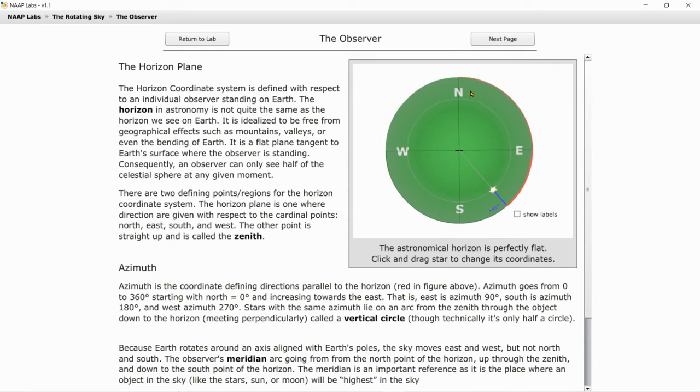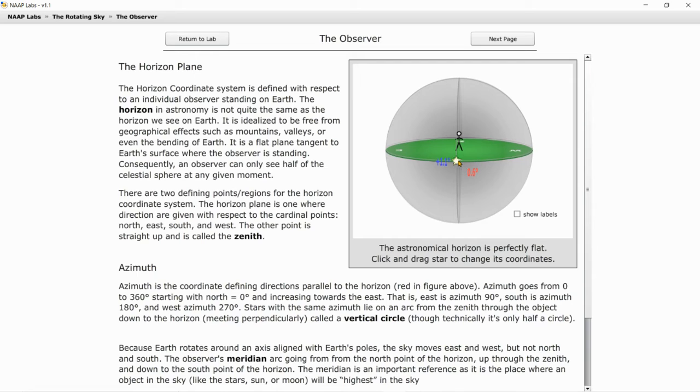So let's take a look here. We all know that a circle has 360 degrees, okay? My azimuth starts here in the north at 0. So if I take this little star here, put it right here on the horizon, move it around directly north, boom, you can see my azimuth right here.